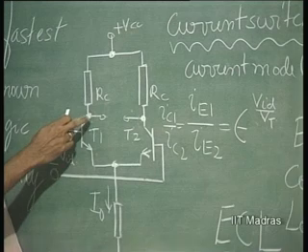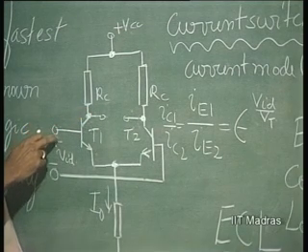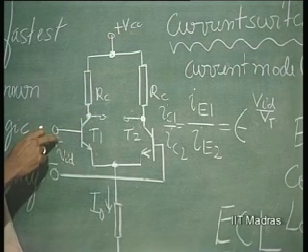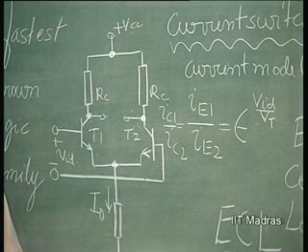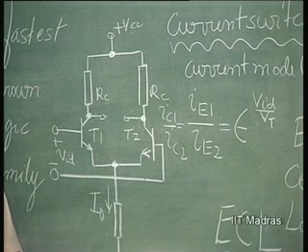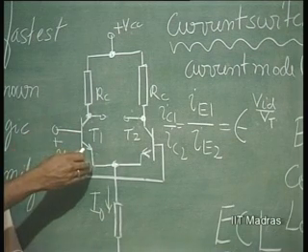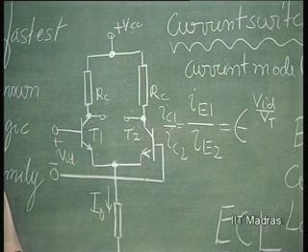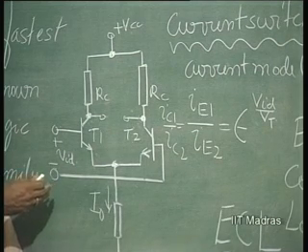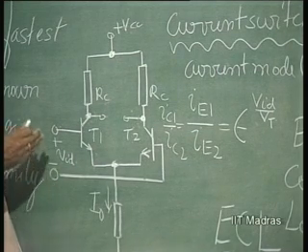That means there should be enough collector to base potential, which is positive in this case, in order to retain T1 in the active region. This is an important aspect. If, when this current is completely switched over to this transistor, it goes to saturation, everything is lost. It has to come out of saturation before it can really respond to the input signal. That is causing a certain amount of delay.